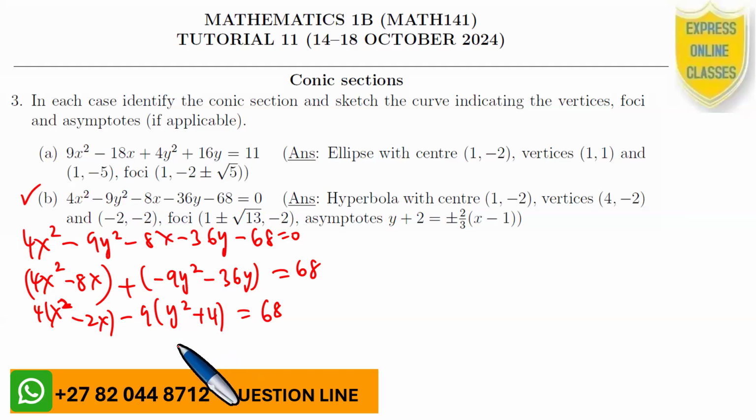So now you'd take this and complete the square. This will be 4(x squared minus 2x, then you add half of minus 2).